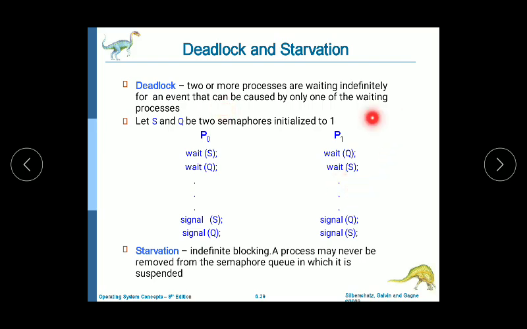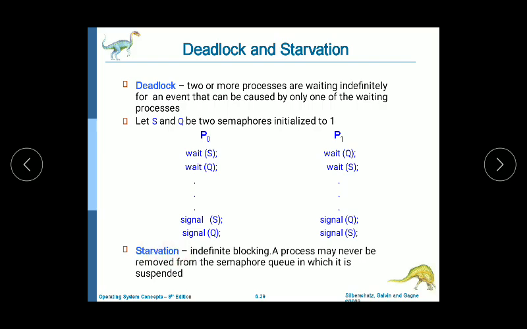The resource required by P1 is held by P0. As a result, P0 cannot execute, and P1 also cannot execute. This particular situation is called deadlock. Indefinitely they are waiting for resources which are held by another process.